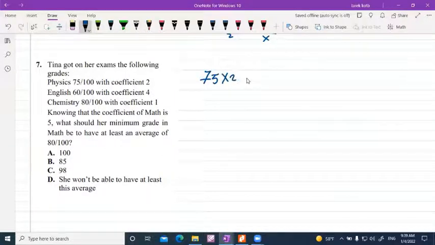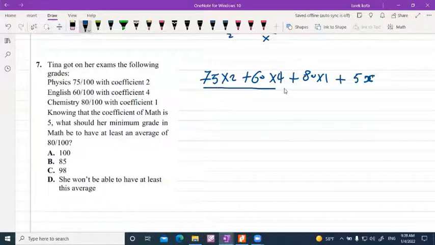Okay, let's see. She got 75 with coefficient 2, means times 2, plus 60 with coefficient 4, plus 80 with coefficient 1, plus in the exam we don't know, so let's say x with coefficient 5, 5x.